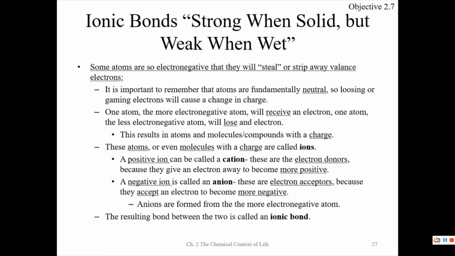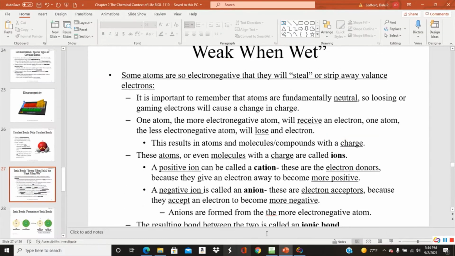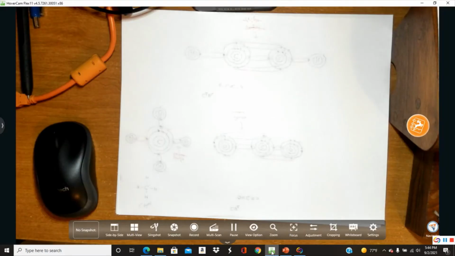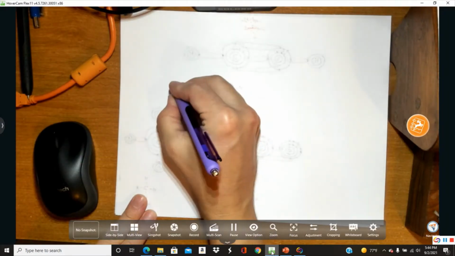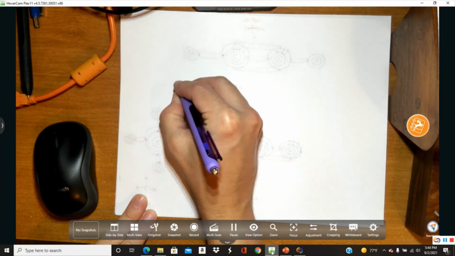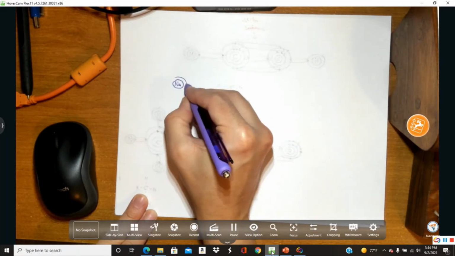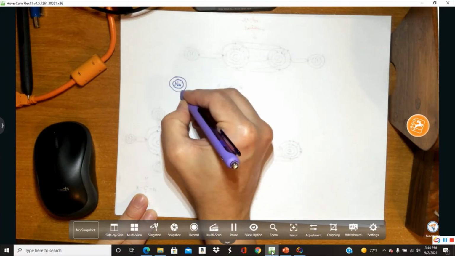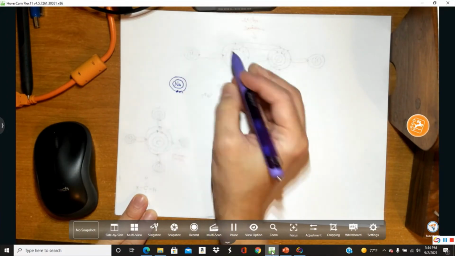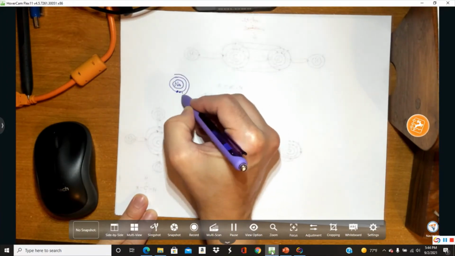Now, let's go over this. Let me help you understand this, and then we'll begin to look at some things. So let's talk about this in a way that I hope makes sense. Now, sodium atom, we might know, has 11 protons. And so let's take him and let's break it down a little bit.